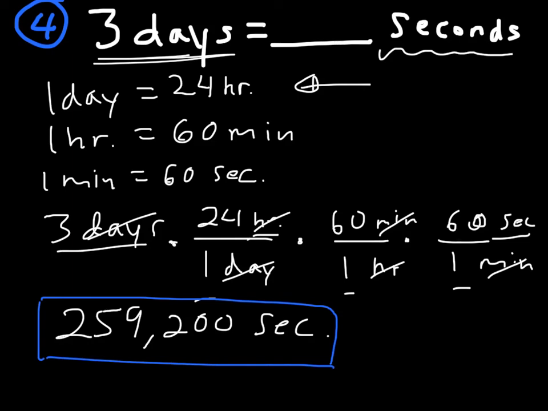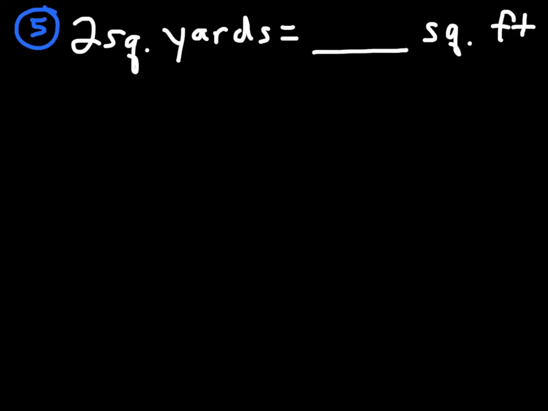One more. Last one says 2 square yards equals how many square feet? Well, if I look on my conversion chart again, I see that 9 square feet equals 1 square yard.